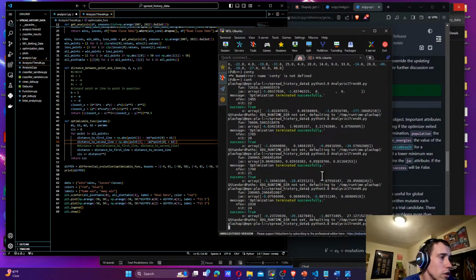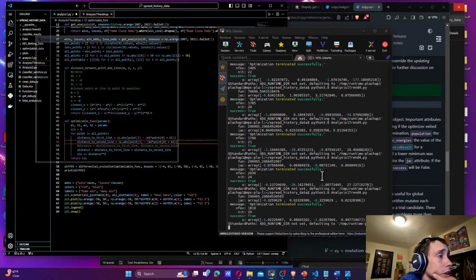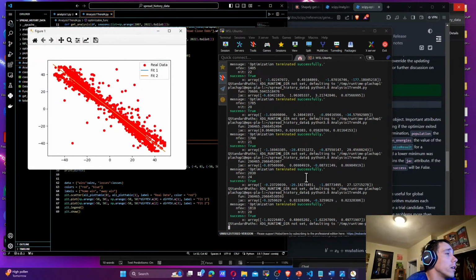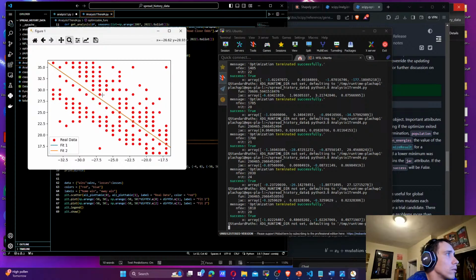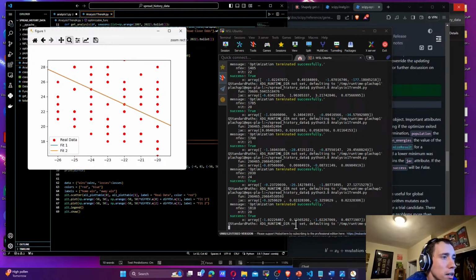I think that should fix the problem, because now we're dealing with the absolute distance and not that way the negatives and positives won't cancel each other out. That looks good, but we're still matching the total trend line. Those are going to be the same exact line. And the fit is just the same line.